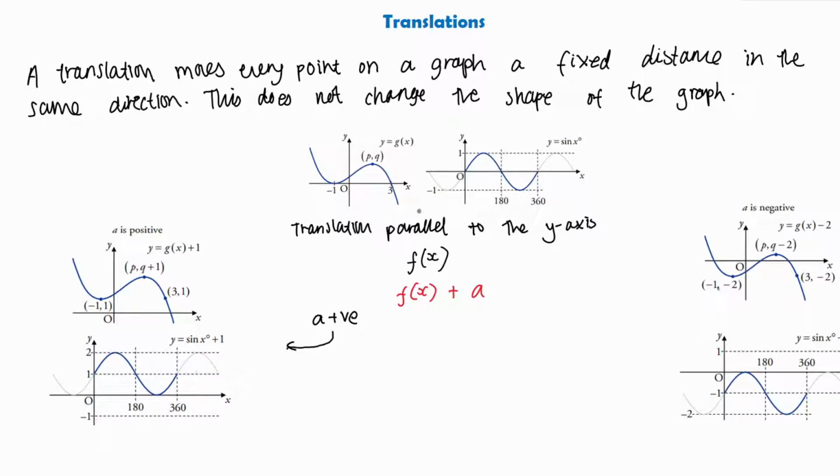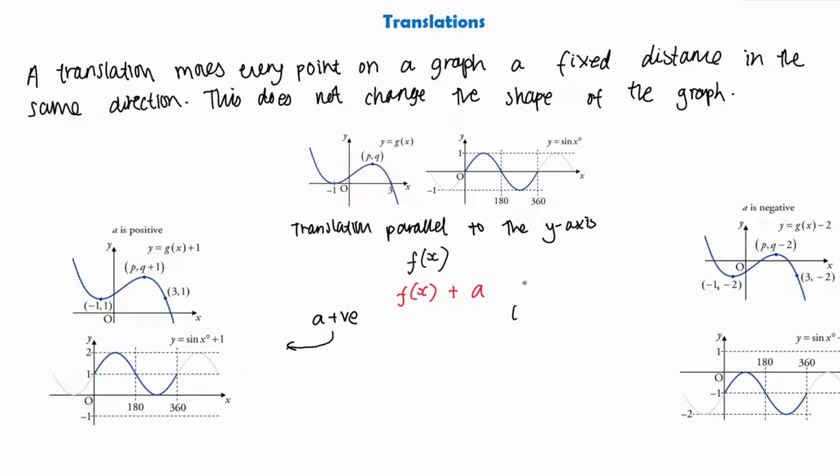In this case here, we have our sine graph again, and we're doing sine x plus 1. So a is positive, and as we can see, the graph has just been shifted up in the y-axis by 1 for every single point. Now, what if a is a negative number? So instead, let's say our g of x now becomes g of x minus 2.